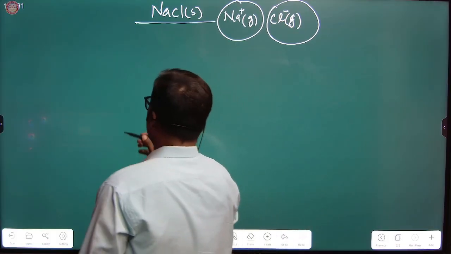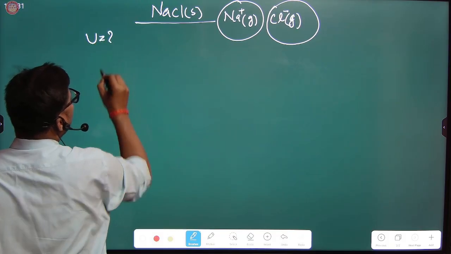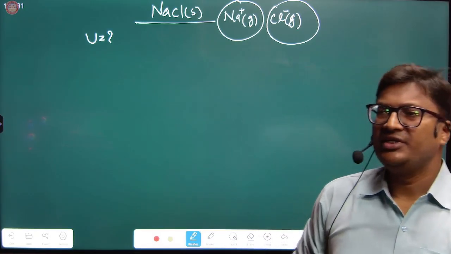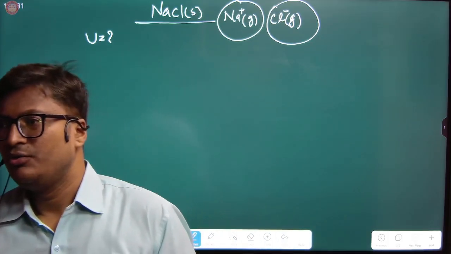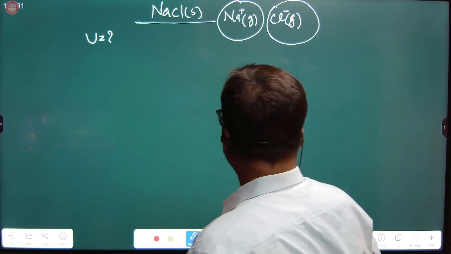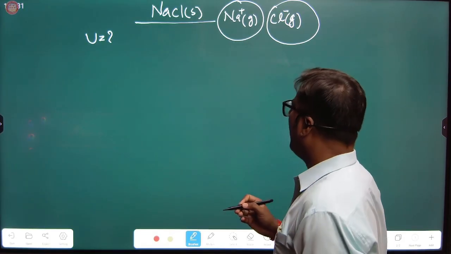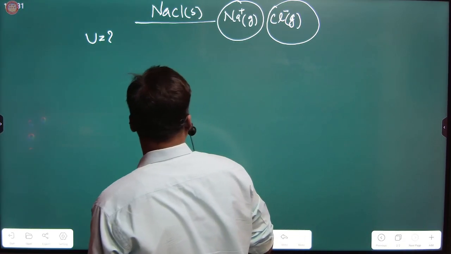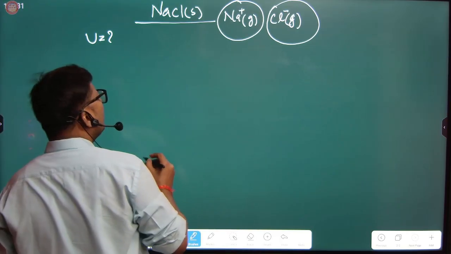So if we wish to define lattice energy, lattice energy U is defined as the energy which is released through the formation of 1 mole of ionic solid from its gaseous constituent ions, such as cations and anions.